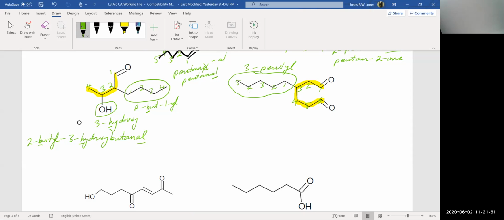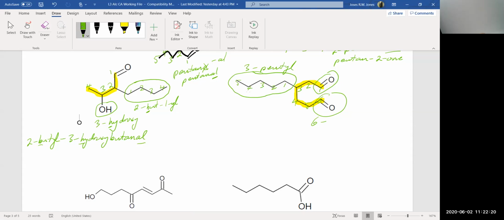Carbon number 1 is designated as the carbon that contains the highest priority group, which is equivalent to the highest priority group in carbon number 6, but one of them takes the end of the name of the parent chain. So this would be the highest priority group over here, part of the parent chain, and then this would be a substituent, a 6. And when an aldehyde is a substituent or a ketone is a substituent, it is called an oxo group.